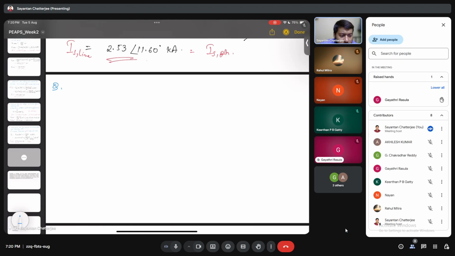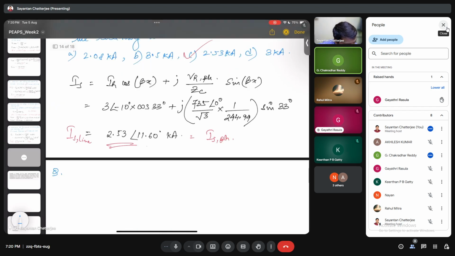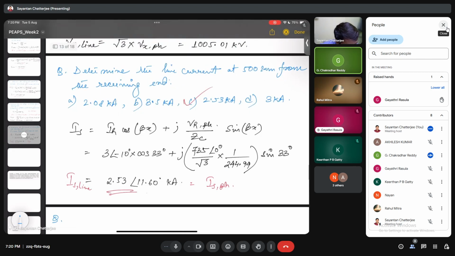Yes, any questions? Sir, in the application, if it is sending end, how can we calculate it? It is from the receiving end point, right? So we took 500. Then if it is sending end, how to calculate it?